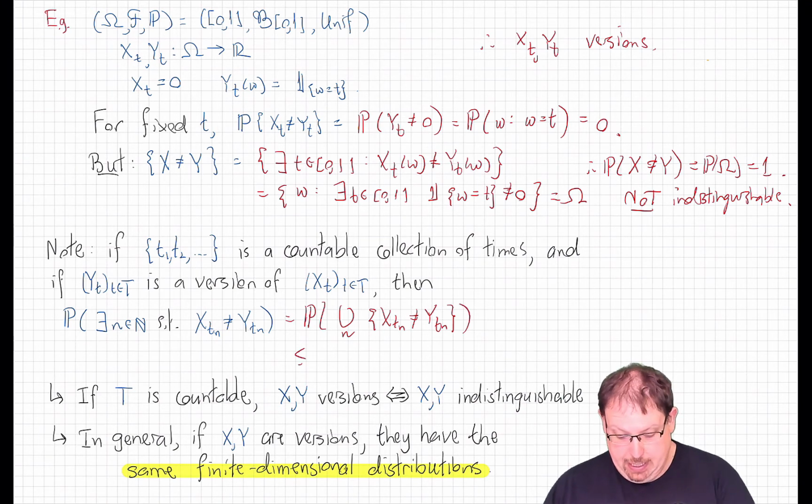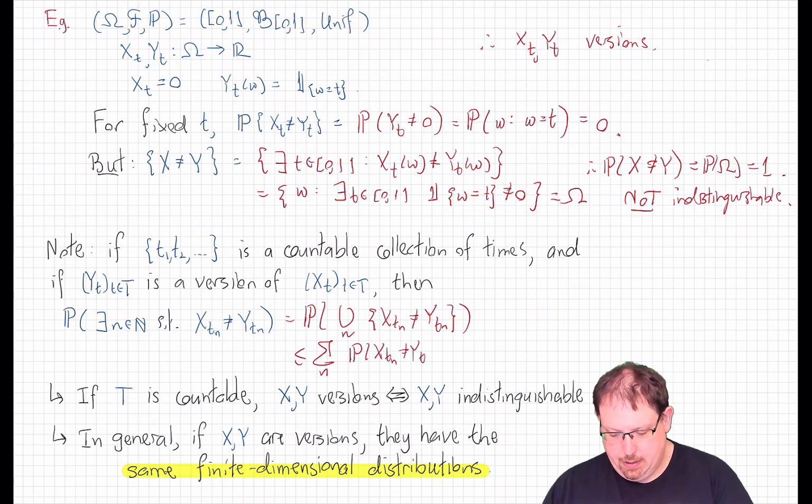But that is less than or equal to the sum over those countably many times of the probability that Xtn is not equal to Ytn. All of those have probability 0, and that countable sum is therefore 0.